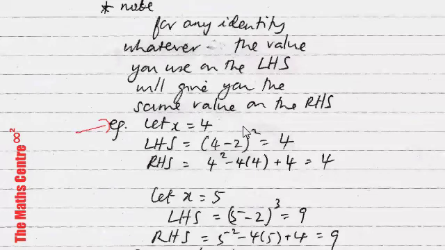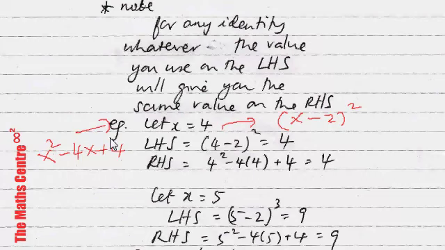If you take x equals to 4 and you plug into the left hand side, which was x minus 2 whole thing squared, you'll get 4 minus 2 squared equals to 4. And remember, the right hand side was x squared minus 4x plus 4, and if you plug in 4, you'll get 16 minus 16 plus 4, and you'll get 4 as well. So we have got 4 on the left hand side and we've got 4 on the right hand side.